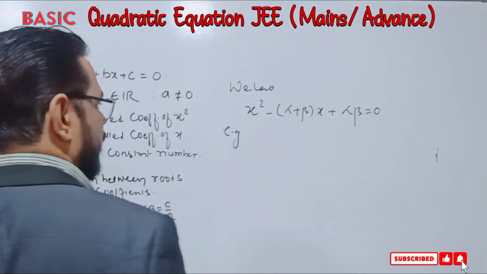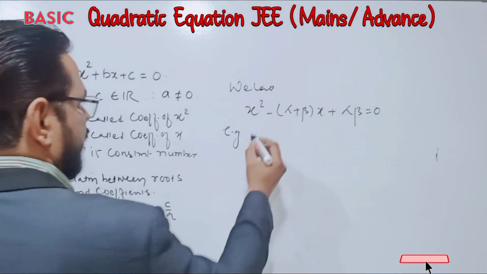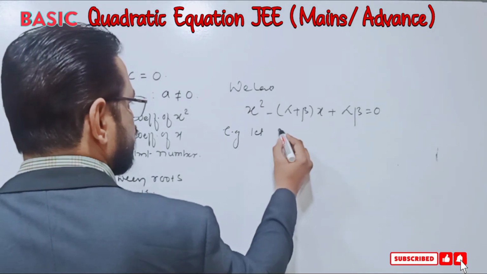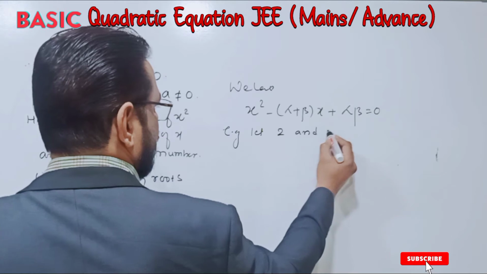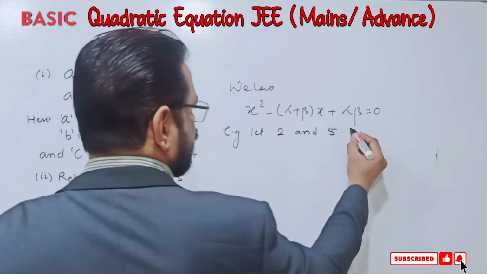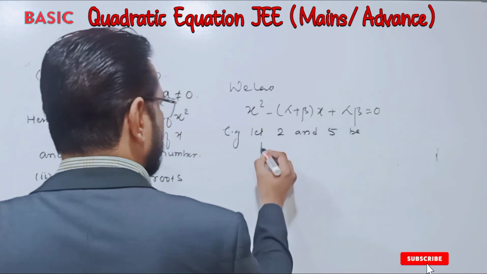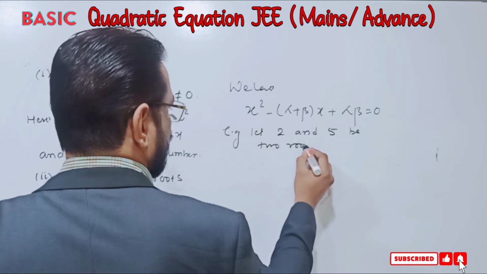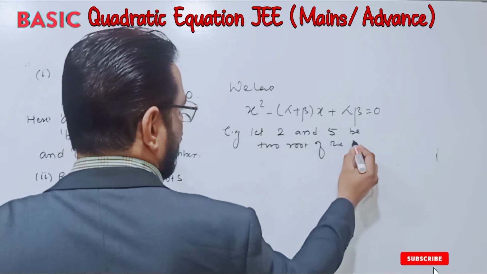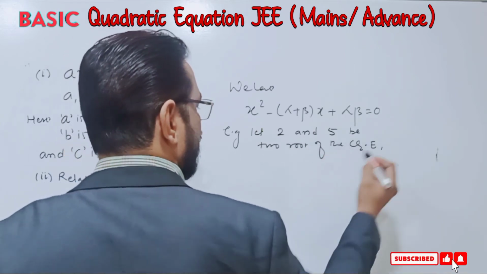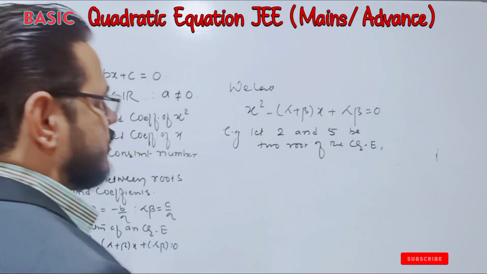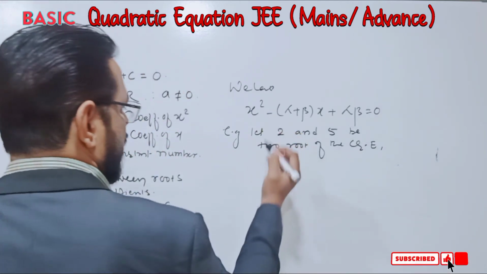So let 2 and 5 be the two roots of the quadratic equation, and we have to form the quadratic equation. So roots are given.